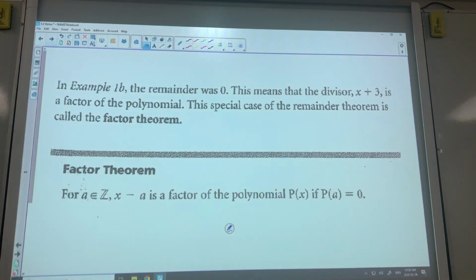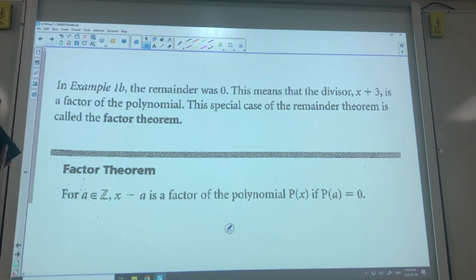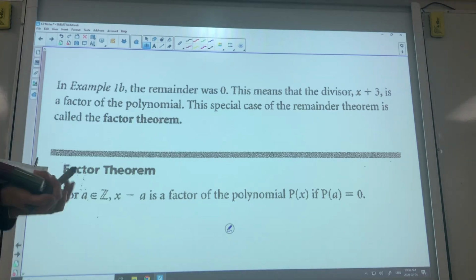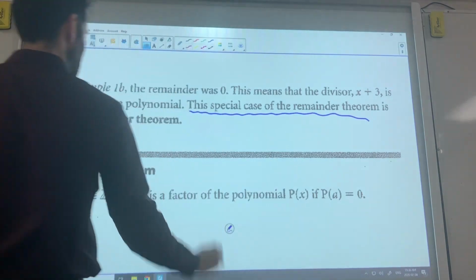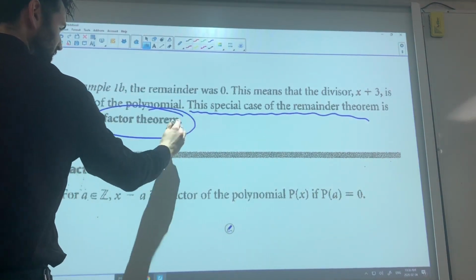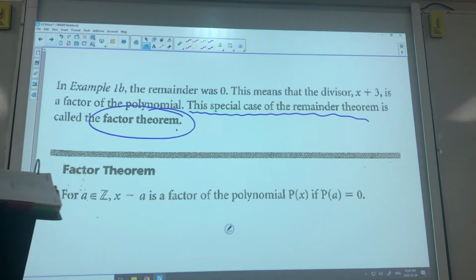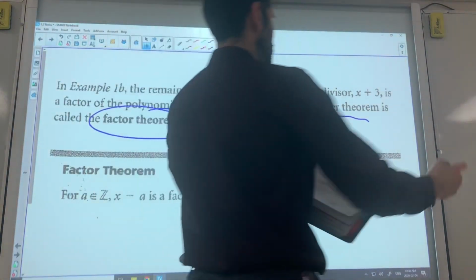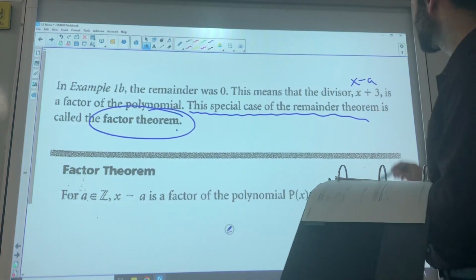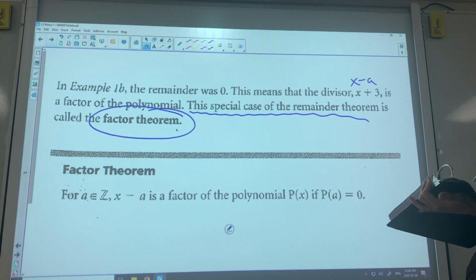So in example 1b, the remainder was 0. This means the divisor x plus 3 is a factor of the polynomial. This is a special case of the remainder theorem. And that special case is called the factor theorem. Okay? So let's recap. Remainder theorem says that, hey, if you take a polynomial that's x minus a and you plug in the a value, it will tell you the remainder of the division.